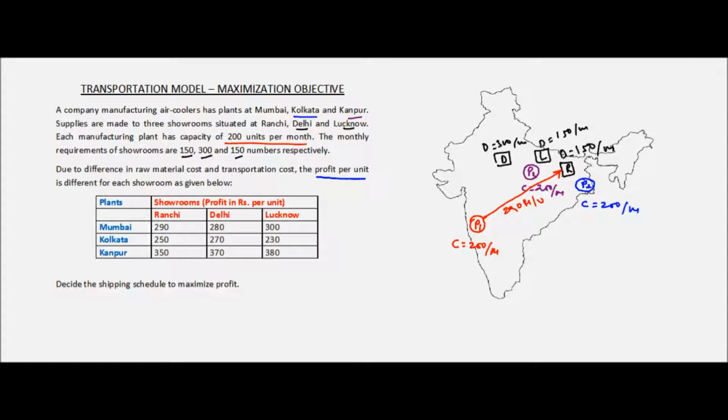And if we ship from Mumbai to Delhi and sell it at Delhi, the profit is 280 rupees. So at Delhi, the profit is 280 rupees per unit. And at Lucknow, 300 rupees per unit.